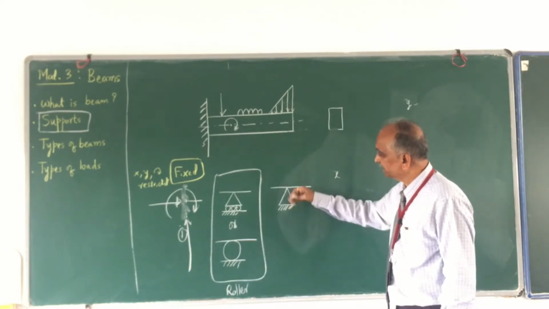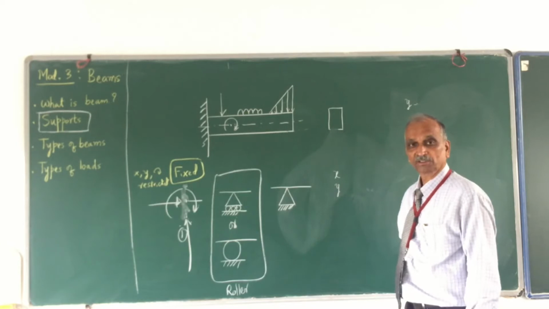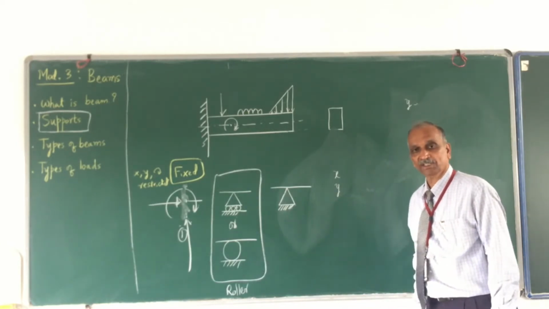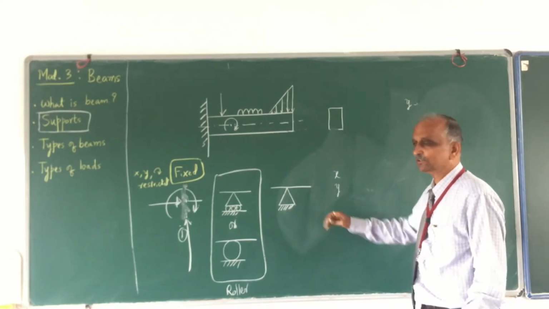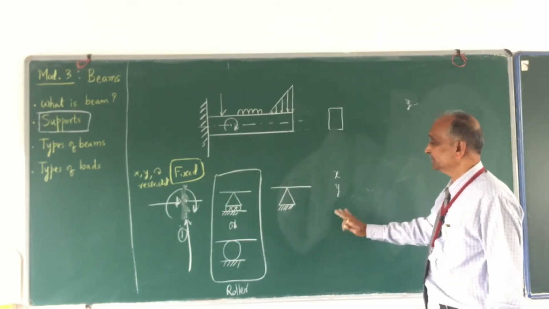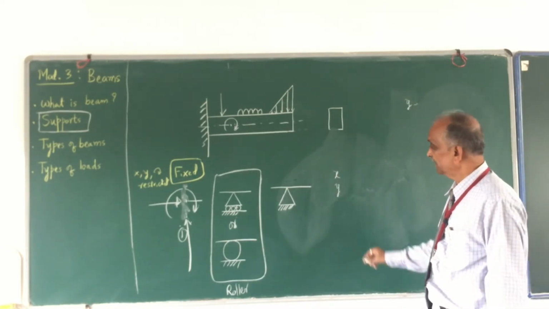And similarly, can the beam move in this direction? That also is restricted. The motion in x direction and the motion in y direction are restricted. And what about the rotation? The beam can rotate, and therefore there is no restriction on the rotation of the beam.